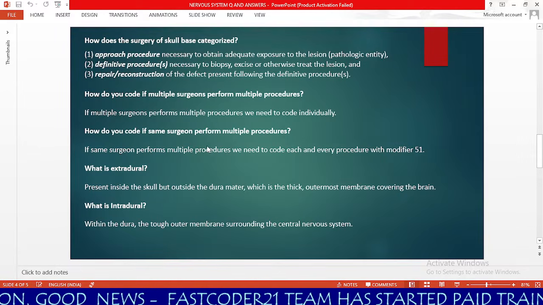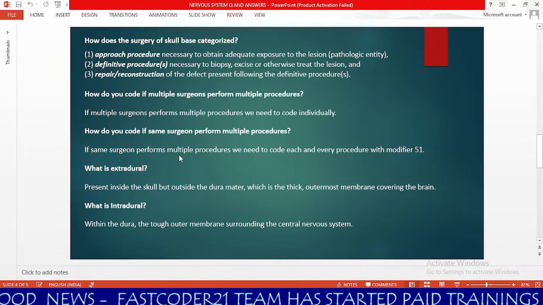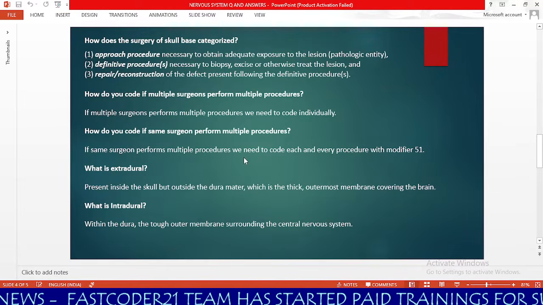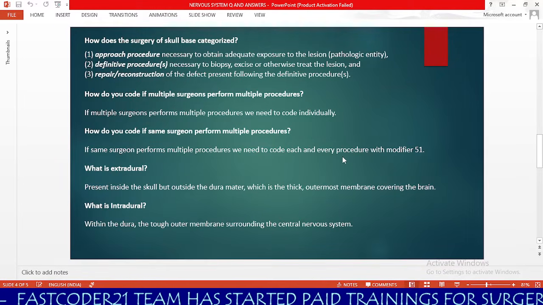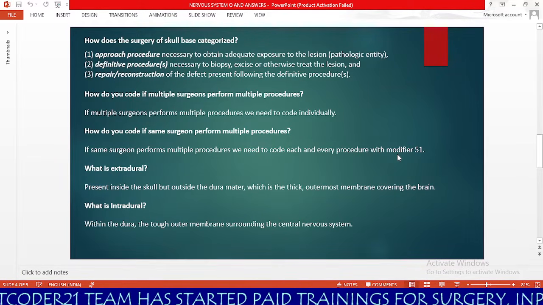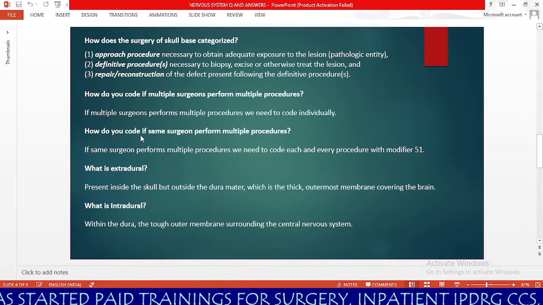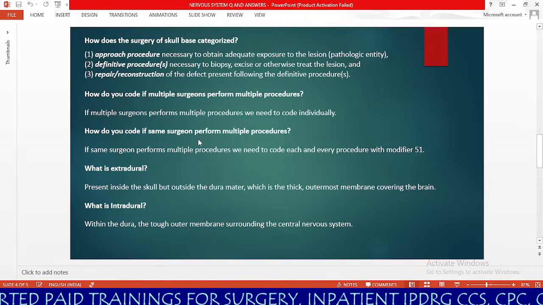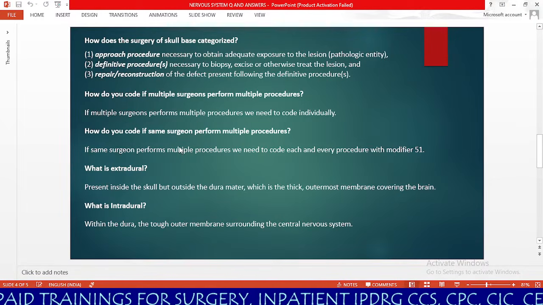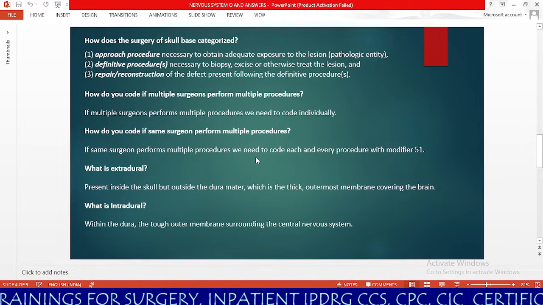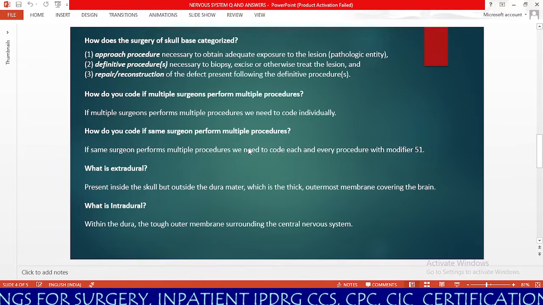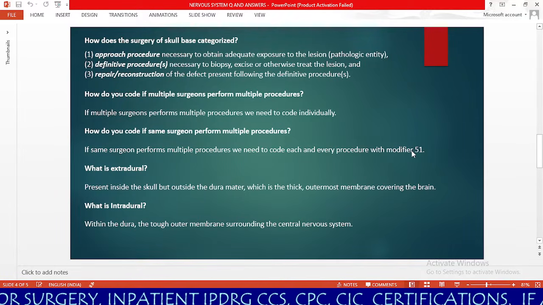How do you code if the same surgeon performs multiple procedures? We need to code each and every procedure with modifier 51. So this one is multiple procedures, multiple surgeons. This one is single surgeon, multiple procedures. If the same surgeon performs multiple procedures and you are working for the physician, you need to append modifier 51.